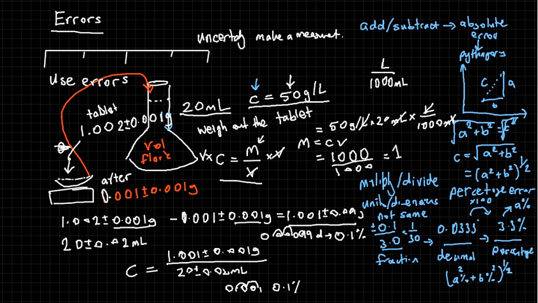So the second thing we have to do is work out the percentage error for the flask. So I'll just calculate that, and we get 0.001. Times that by 100, and we get roughly the same, 0.1%.